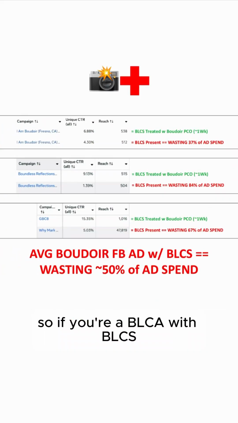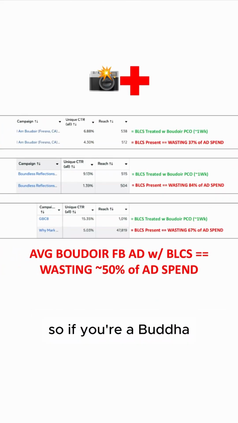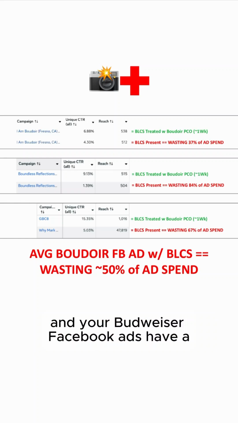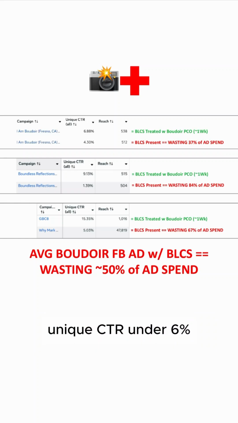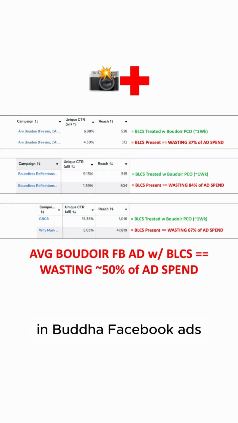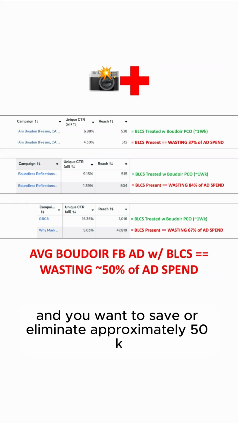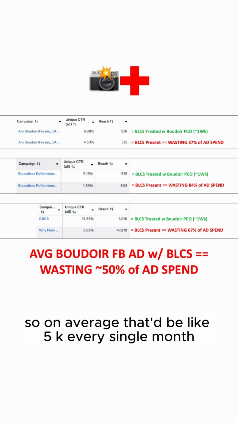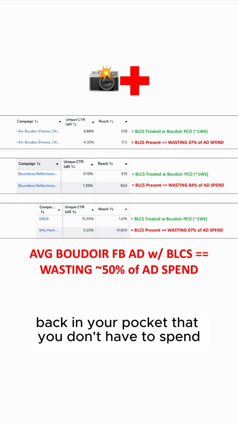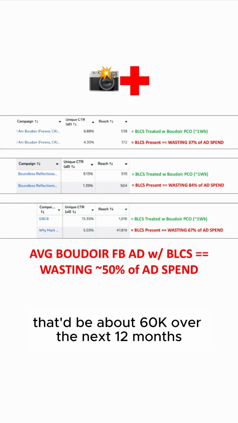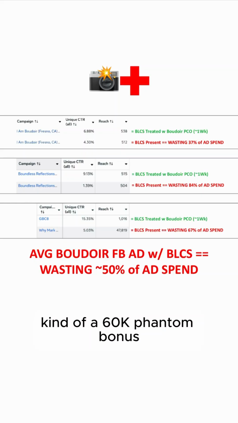So if you're a BLCA with BLCS, so if you're a Boudoir low click advertiser with Boudoir low click syndrome, and your Boudoir Facebook ads have a unique CTRL under 6%, and you're spending more than 10 grand a month in Boudoir Facebook ads, and you want to save or eliminate approximately 50K of that wasted ad spend each and every month, put that back in your pocket. So on average, that'd be like 5K every single month back in your pocket that you don't have to spend, kind of like a phantom bonus. And that'd be about 60K over the next 12 months, kind of a 60K phantom bonus.